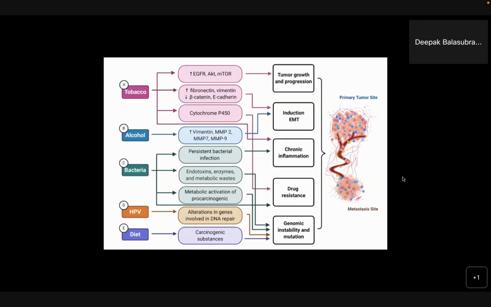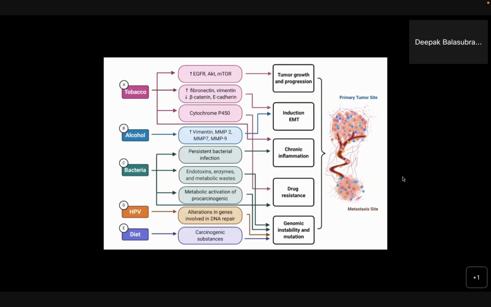Alcohol also affects vimentin, matrix metalloproteinase 2, MMP7, and MMP9. And this leads to chronic inflammation, which we know is one of the precursors for malignancy. And it also induces epithelial mesenchymal transition. Bacteria have endotoxins, enzymes, and metabolic wastes.